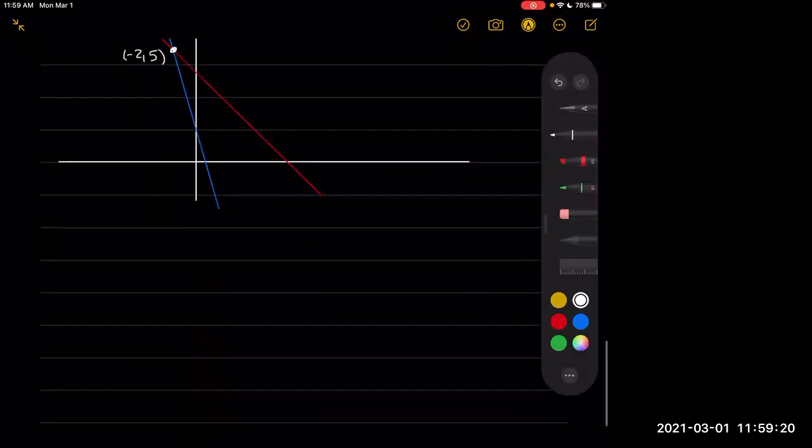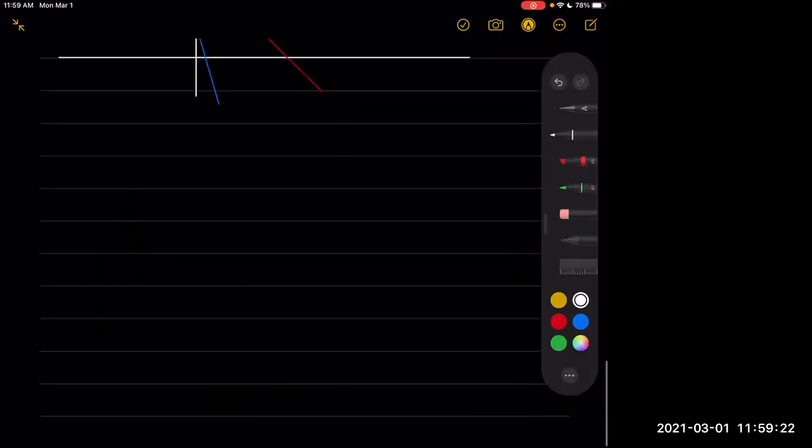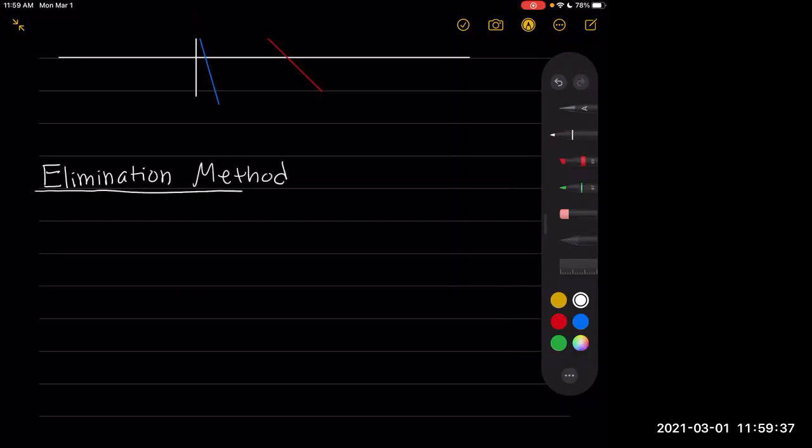Okay, and then our second method that we're going to learn about is elimination. So our first step is we're going to adjust coefficients.